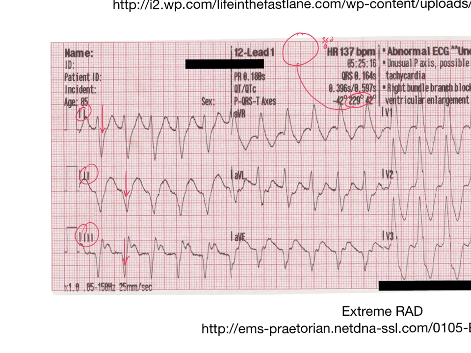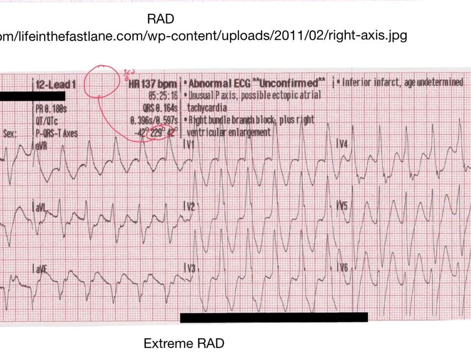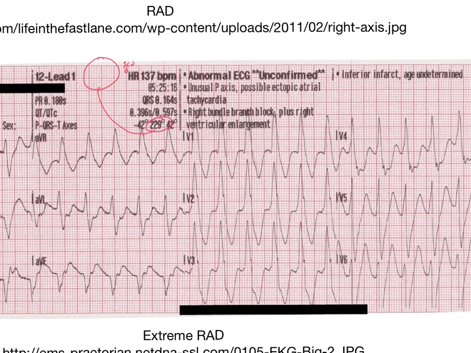And again, that's why you may have to rely on the limb lead system of doing it. Now, if you look here, the software in this particular monitor doesn't just come out and say it, but it does say unusual P-axis, ectopic tachycardia, so it's giving you some information, it just doesn't come out and say, oh yeah, extreme right axis deviation, right?